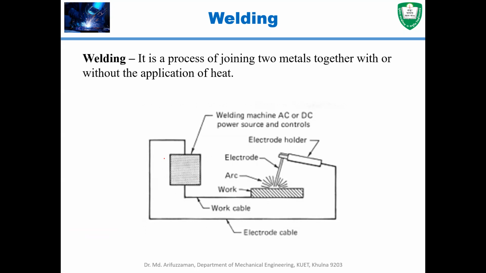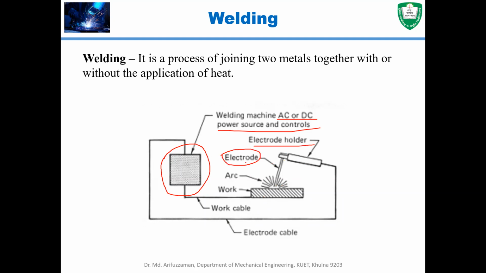Here we have a power supply that gives us the required energy to conduct the welding process, and the power supply can be either AC or DC. Both can be used, and both have merits and demerits, which we'll discuss later when we study the arc welding method. There is an electrode holder that holds an electrode.